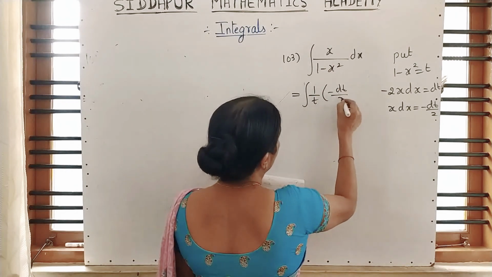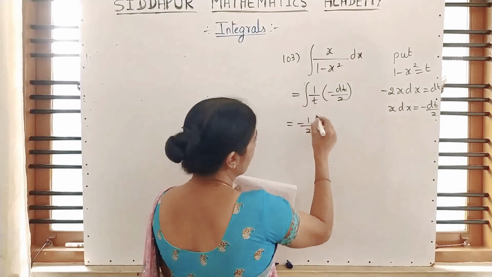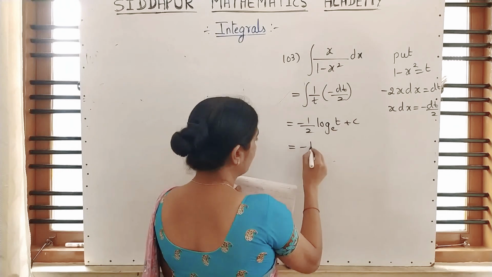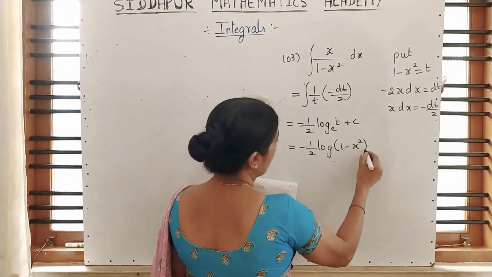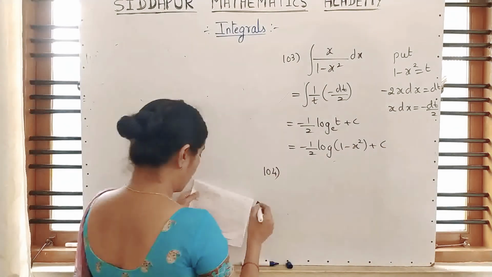Minus dt by 2, minus 1 by 2 constant, integration of 1 by t is log t. Write down that t value. Next question 104.